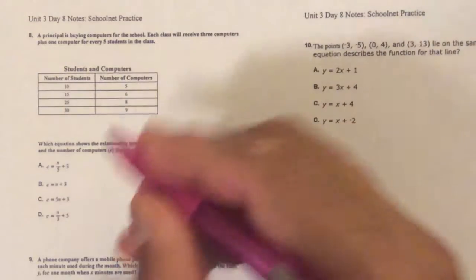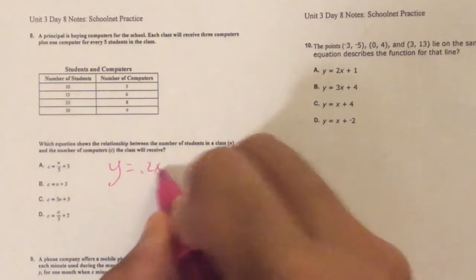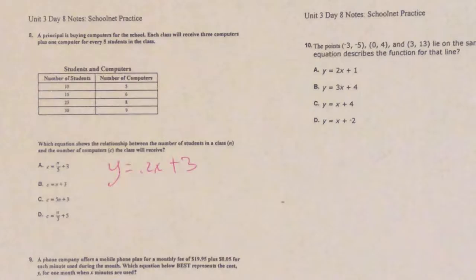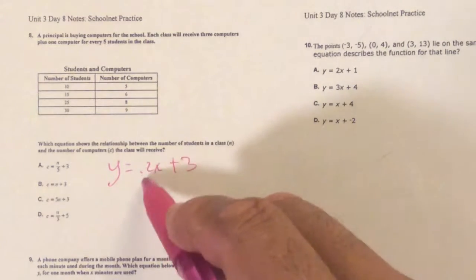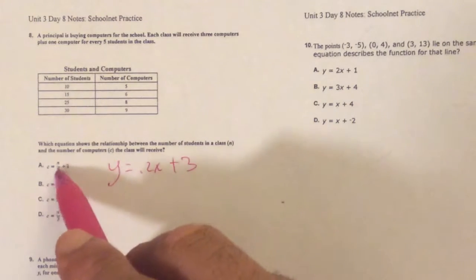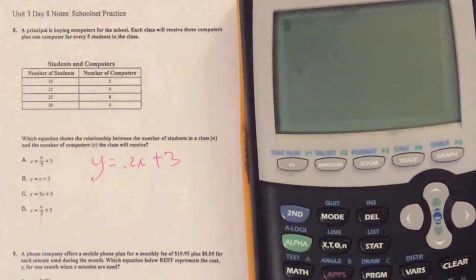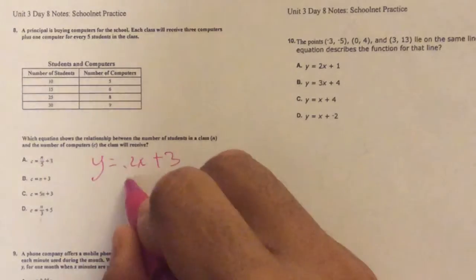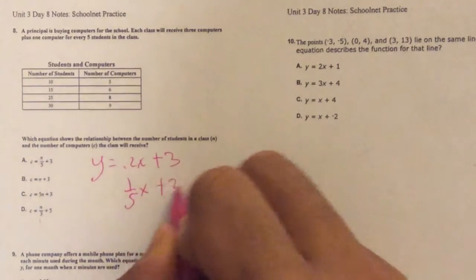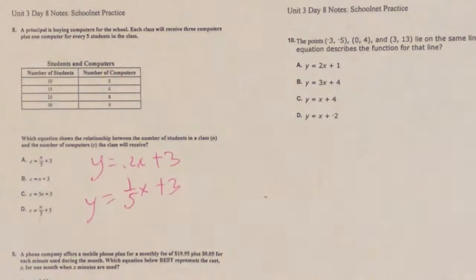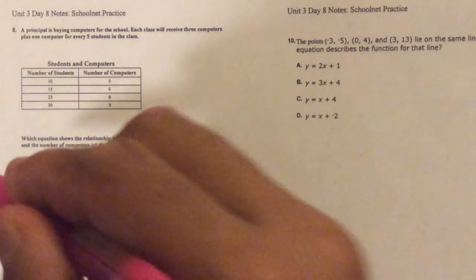Okay, so that means my equation is y equals 0.2x plus 3. Now, you can either change the 0.2 into a fraction, or you can change the ones that are fractions into decimals to see which one gives you the correct answer. But anyways, 0.2 math, enter, gives you a fraction, 1/5. So that means this is 1/5 x plus 3. So the equation that matches this will be A.